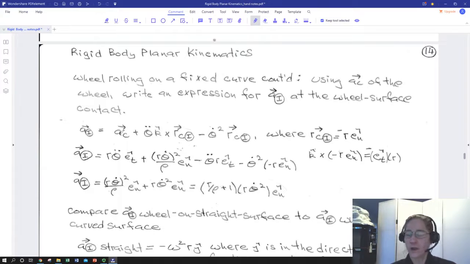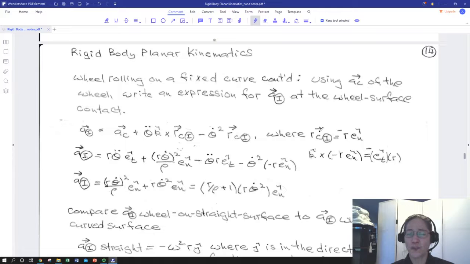We'll start with the acceleration of the point we know, a sub c, add the angular acceleration of the body, alpha, in the k hat direction, crossed into the radius from the point we know to the point we don't know, minus angular velocity squared times the same radius from the point we know to the point we don't know.